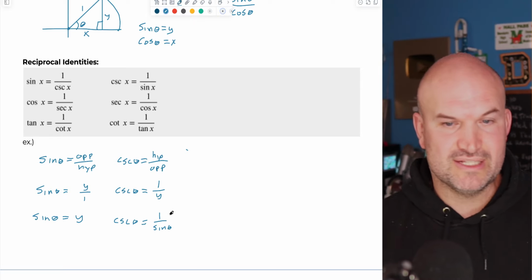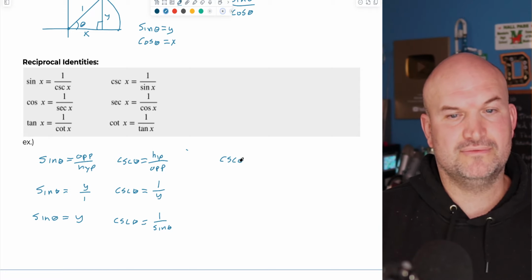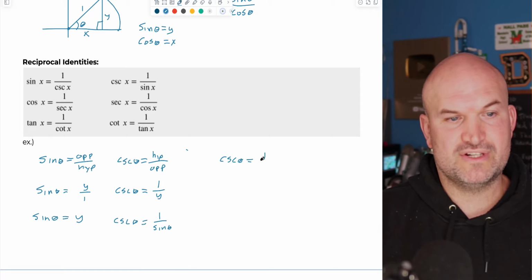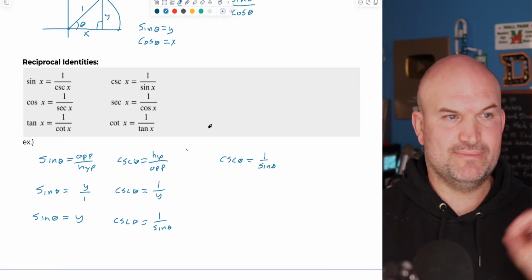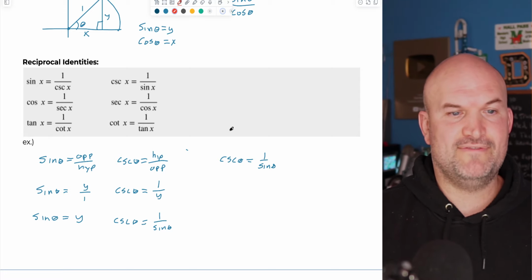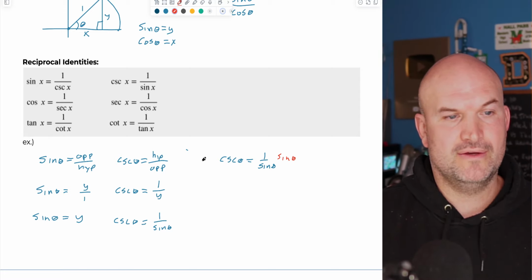And then over here, you can see how they just go back. So if I have the cosecant of theta equal to 1 over sine, how am I going to get back to sine of theta? How can I use this relationship to solve for sine? Well, if I wanted to solve for sine, I would have to get it off the denominator. So you multiply sine of theta on both sides.